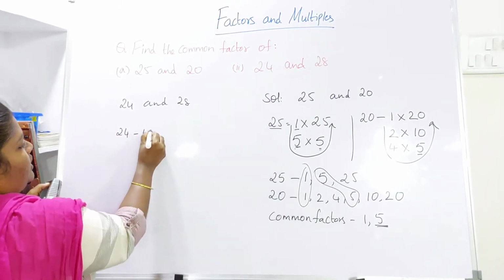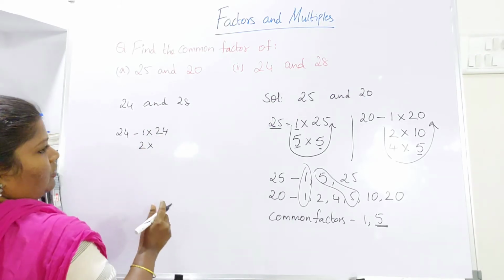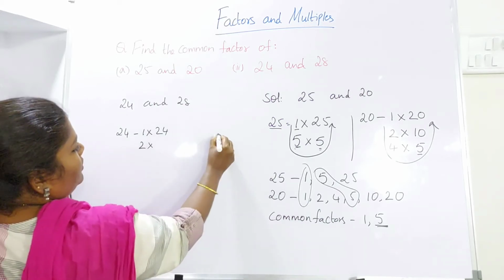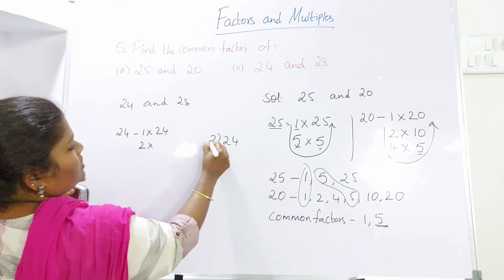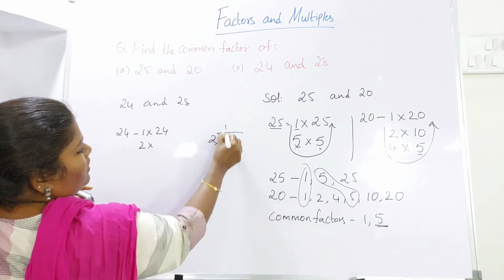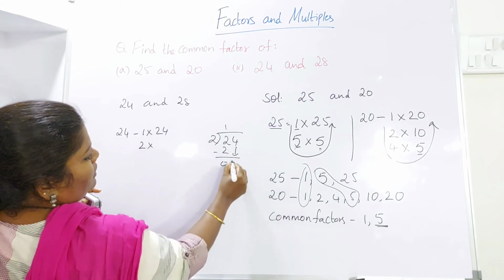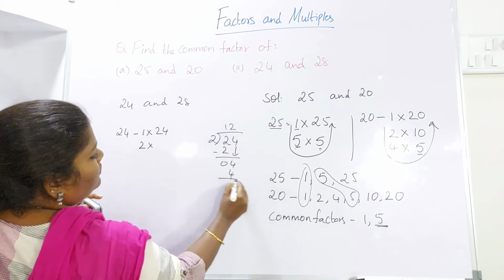That is 1 into 24, 2 into, now if at all you are not sure how many times it goes, you can take that number and divide it with whichever number you want. So 2 ones are 2. Take 4 down, 2 twos are 4.